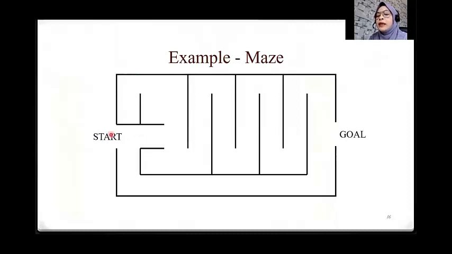But if you go this way, you will reach the goal faster. So this is the heuristic. Which step to take? Either this way, or you can go up like this. So we need an estimation of the best step by looking at the goal.